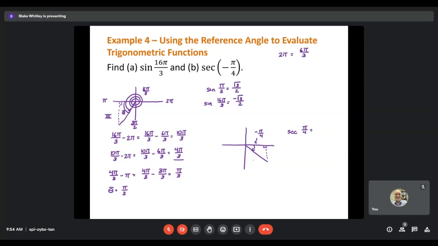Well, the secant of pi over 4, if you look at your chart, is square root of 2. And so now we just have to think about which quadrant we're in. This right here is in quadrant 4. But cosine and secant in quadrant 4 are positive. And so in this case, we're just going to keep this a positive value. And so our final answer is still just positive square root of 2.